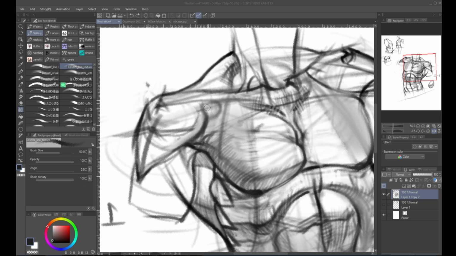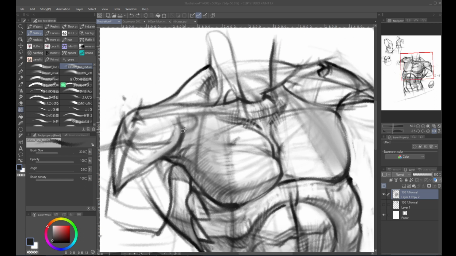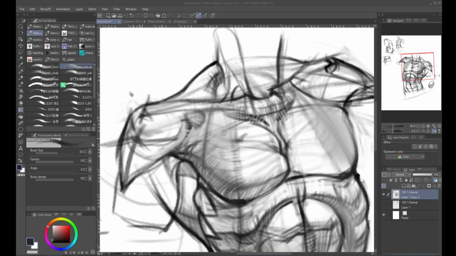And this little part, this is the point where the upper part of the pectoralis major is the thinnest, and the deltoid hasn't started yet, so we have a little bit of a dent on the surface here, and then we have this shape.